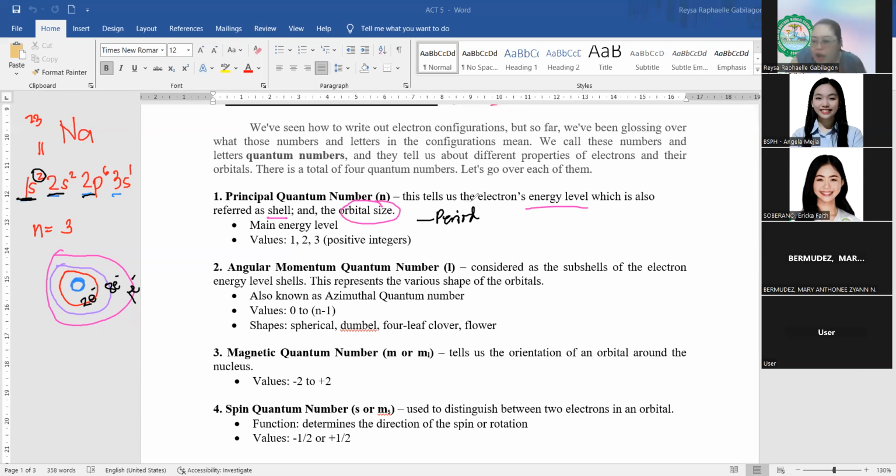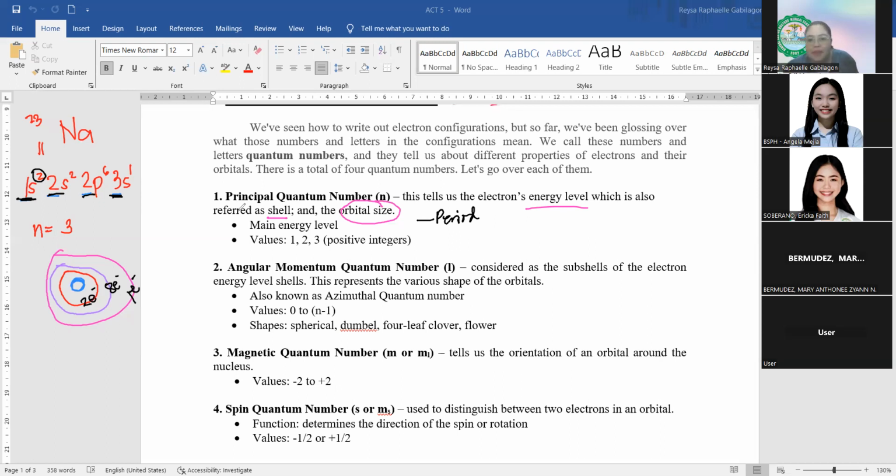So kung meron kayong hawak dyan na periodic table, you can see that sodium is located on the third period. Period represents the energy shell ng ating mga elements. So kung 3 yung kaniyang quantum number, nasa period 3 din siya.